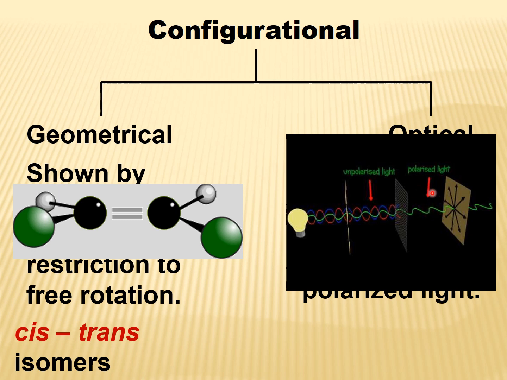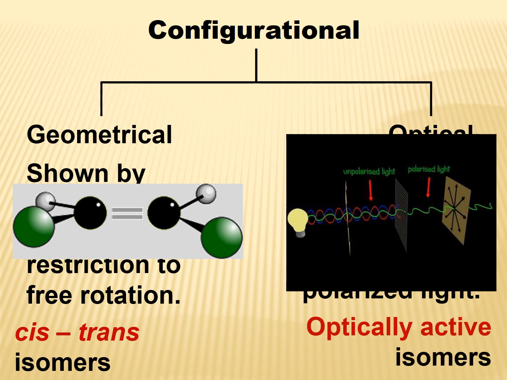The vibrations are restricted to a single plane. So optical isomers can rotate this plane polarized light by some angle, and such isomers are called optically active isomers. So cis-trans isomers and optically active isomers are the two classifications of configurational isomers.